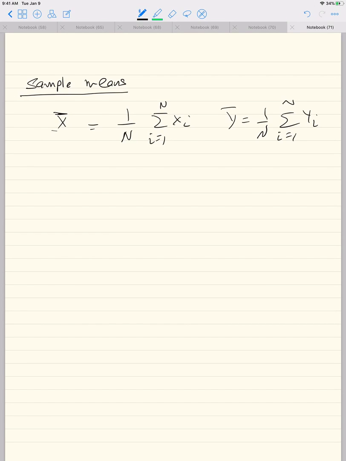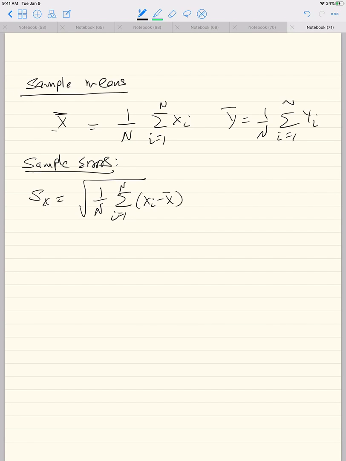Then the sample standard deviations. Sx is the square root of 1 over n summation of i going from 1 to n, xi minus x bar squared, and similarly Sy is the square root of 1 over n summation of i going from 1 to n, yi minus y bar squared.